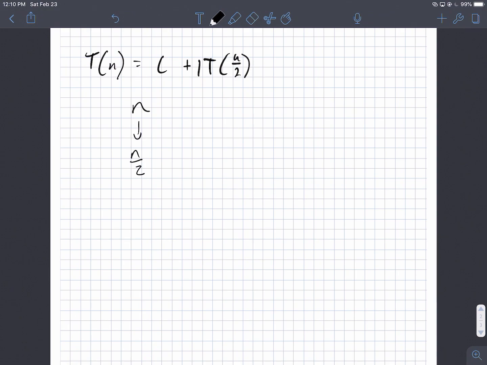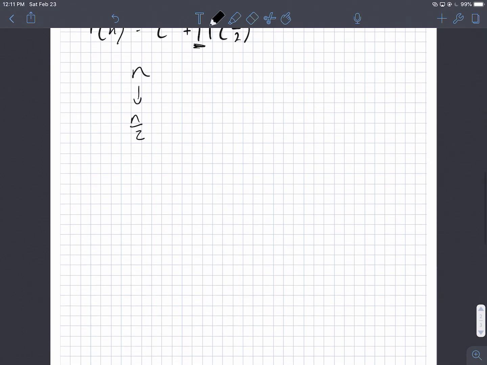If this 1 right here were actually a 2, then we would have 2 subproblems of size n over 2. However, because we're dealing with binary search, we don't need to consider that case. Because we only recurse one time ever, this tree is going to end up looking really boring. It's going to be more of a linked list than a tree.